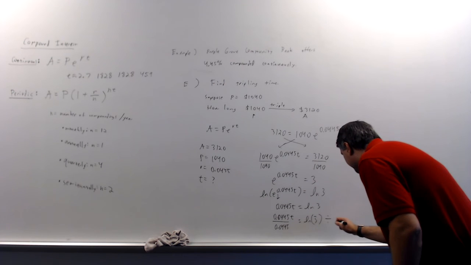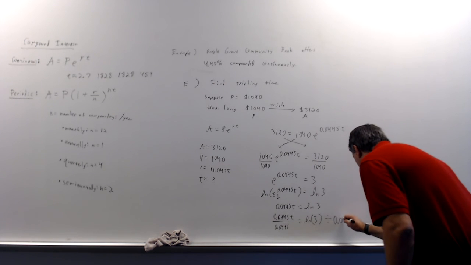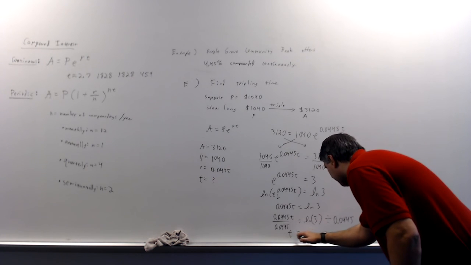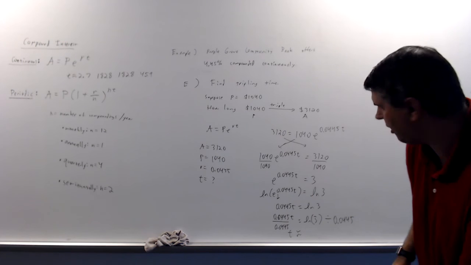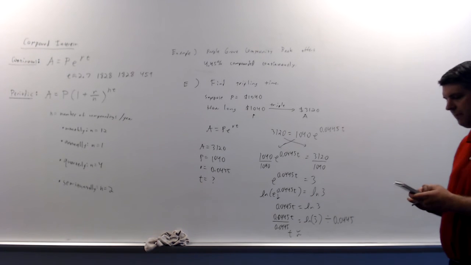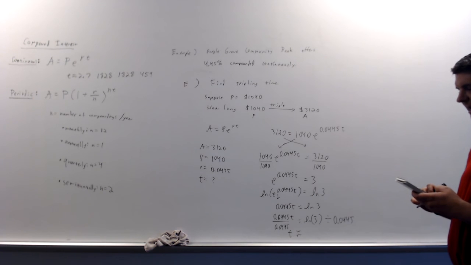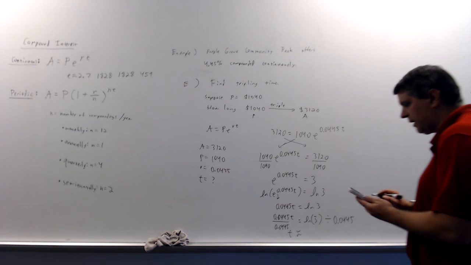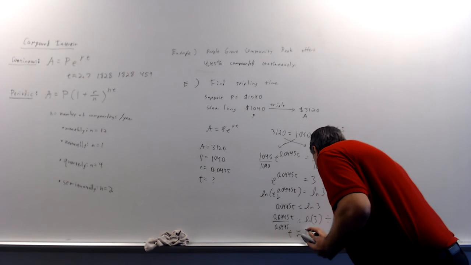I'm going to put it in parentheses and just use a division symbol. So natural log of 3, hit enter or equal. I'm looking at 1.0986 blah blah blah. Divide by the 0.0445. I'm looking at approximately 24.7 years.